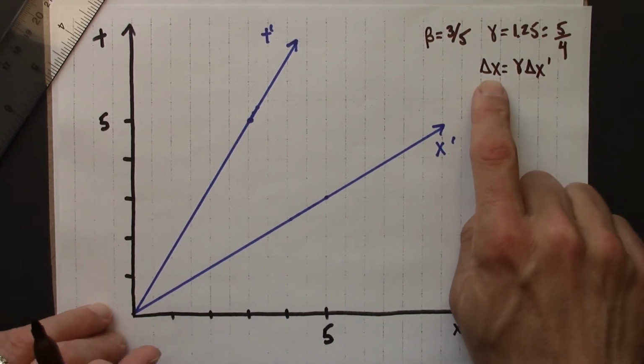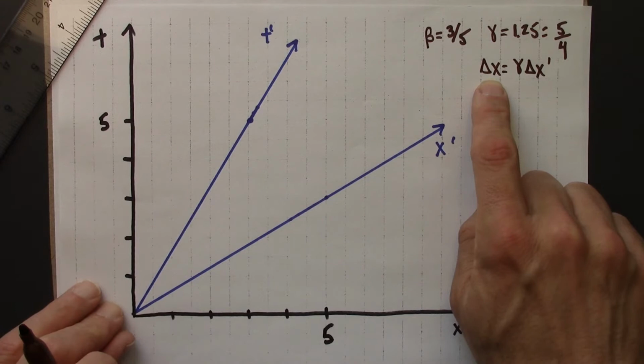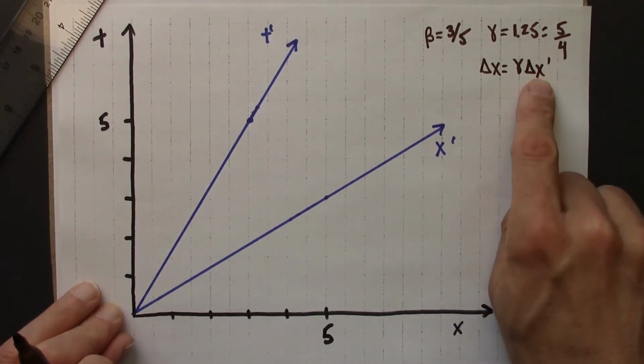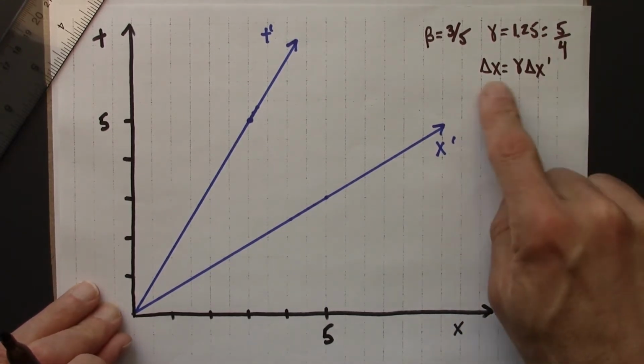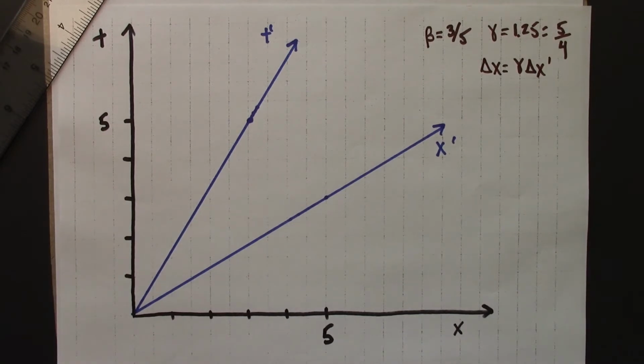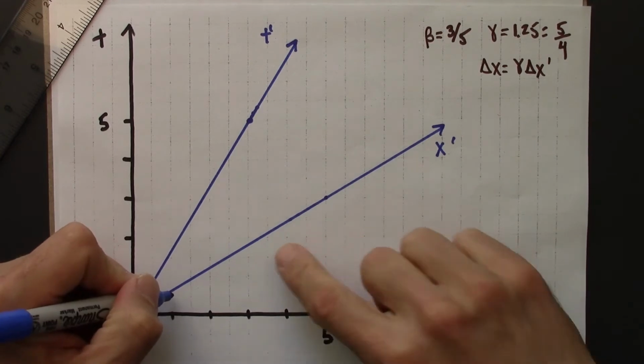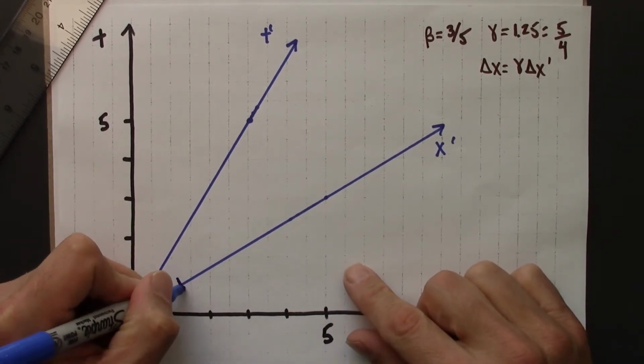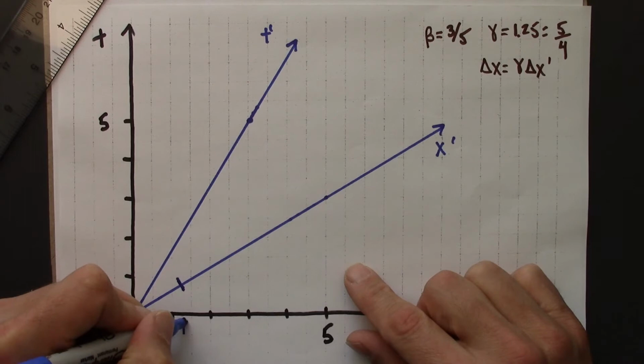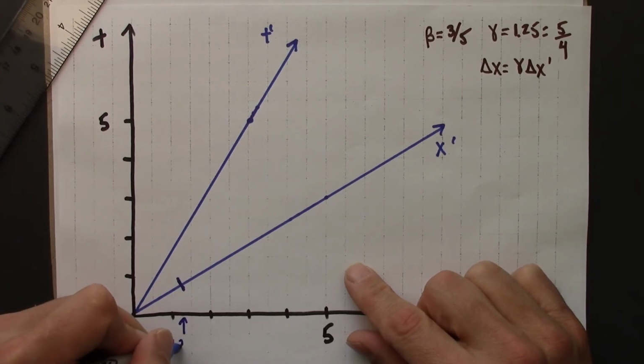That would correspond to a delta x of 5/4. If delta x is 1, delta x times gamma is 5/4, or 1.25. So I claim that x prime equals 1 is going to be very roughly here. The idea is that this is about 1.25.